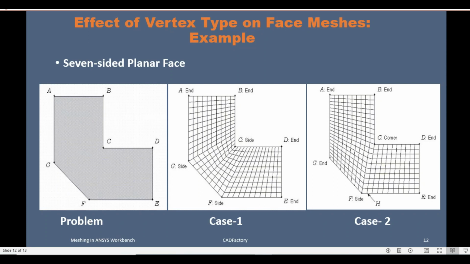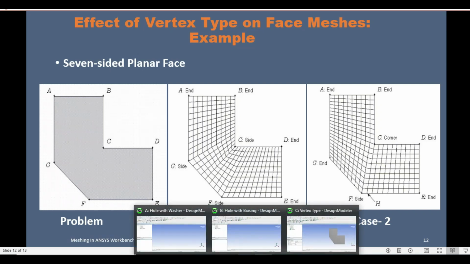Here I am going to demonstrate 3 examples of surface bodies: how the whole feature can be meshed with a washer and without a washer, with bias and without bias, and how the vertex type affects your face mesh. So let's start with the Ansys Workbench.